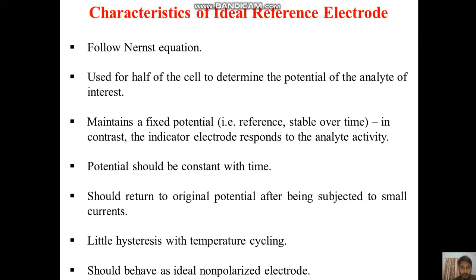It is used as a half of the cell to determine the potential of the analyte of interest, and maintains a fixed potential. In contrast, the indicator electrode responds to the analyte activity. The potential should be constant with time and should return to the original potential after being subjected to small currents.